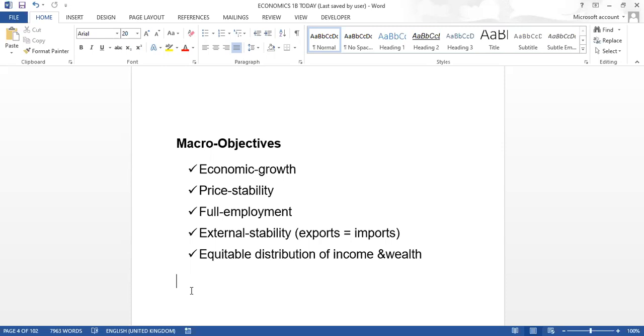That means that as we are importing, we are paying, and there's an outflow of cash, an outflow of resources from the local economy going to other economies, thereby that contracts the local economy if we are importing more than we are exporting.